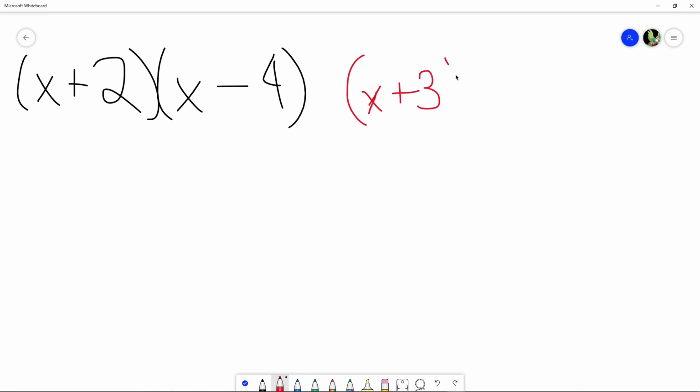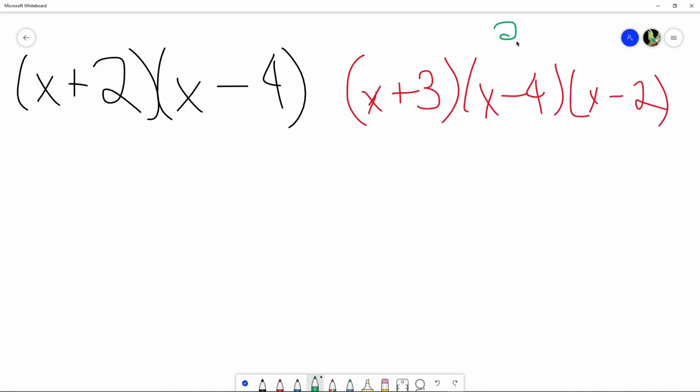X plus 3, x minus 4, and x minus 2. So if you want a degree of 3, you go with 3 factors. If you want a degree of 2, of course you go with 2 factors. We're going to do the 2 factors first, but take note of this later on.